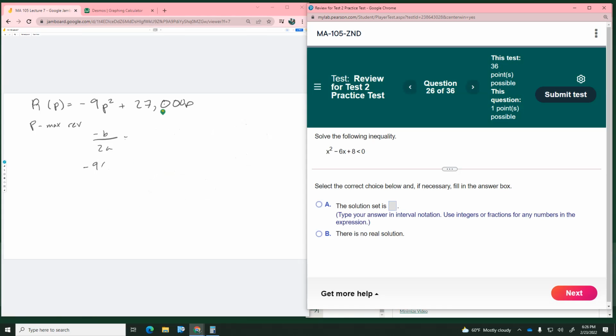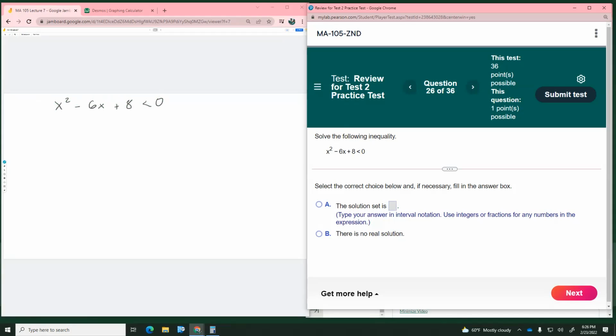So we have x squared minus 6x plus 8 is less than 0. If you want to write this problem down or a similar problem, go ahead. I'm going to move quite quickly here, just so you know.